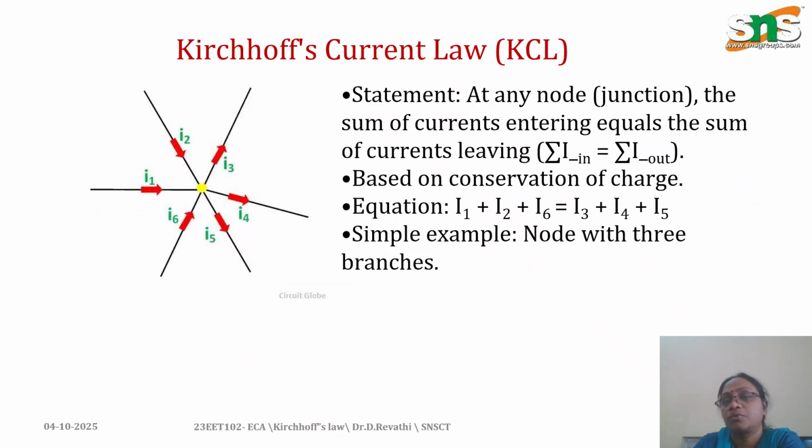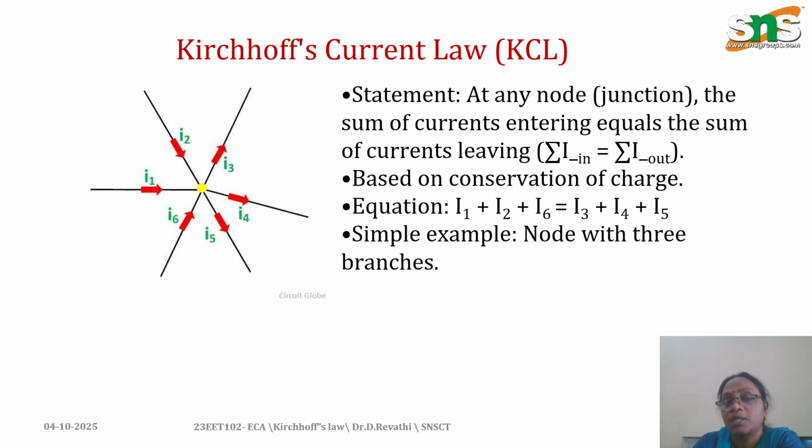First, let us see the KCL. See the diagram. There are currents I1, I2, I3, I4, I5, I6 entering the node or leaving from the node. The current I1 enters the node, which is shown in yellow color. I2 is also towards the node. I3 is outward from the node. I4 is leaving the node, I5 is also leaving the node, and I6 enters the node.